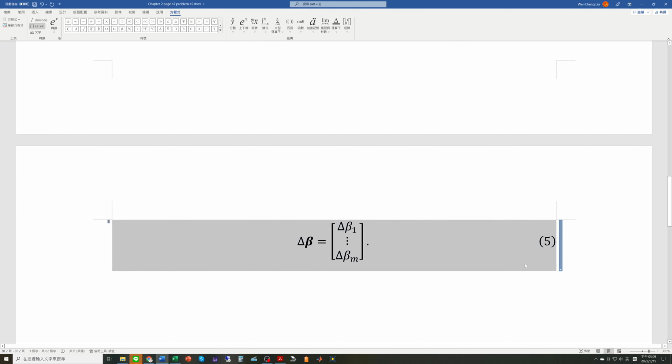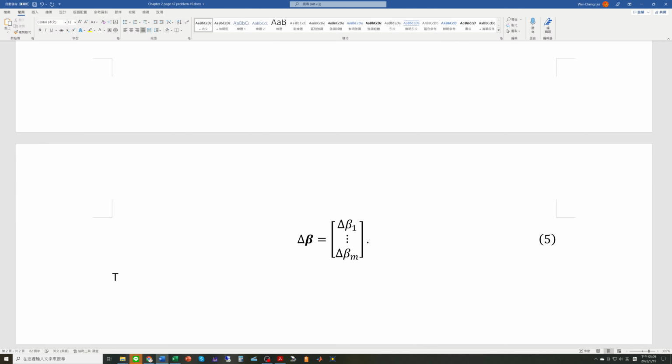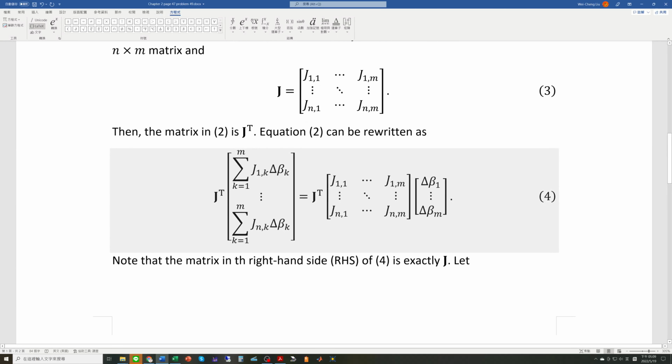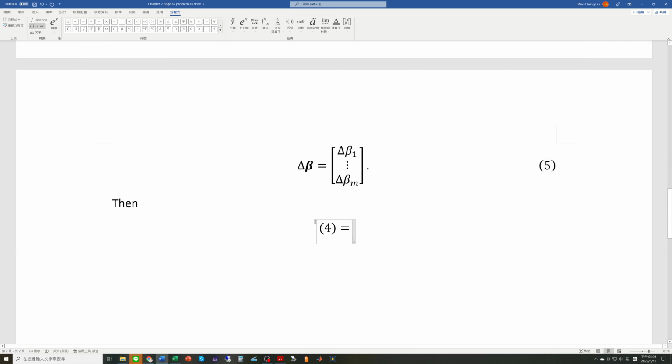Then we know that equation 4 is equal to, this is J transpose, and this is J, and this vector is delta beta.